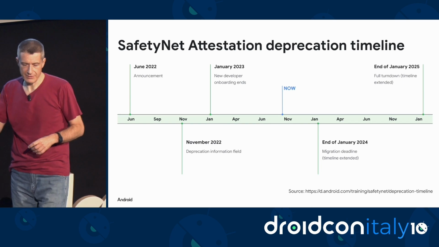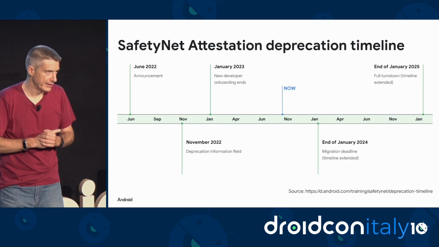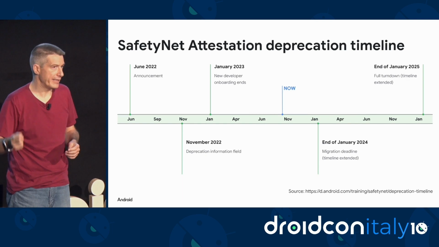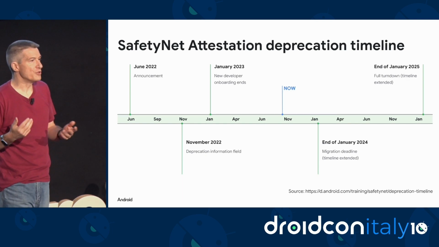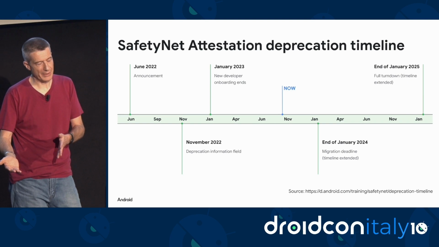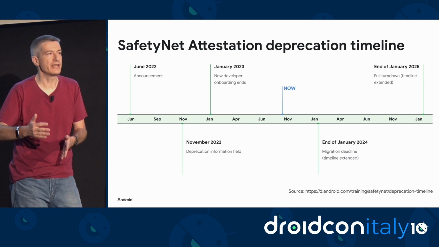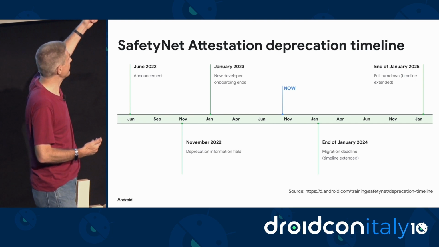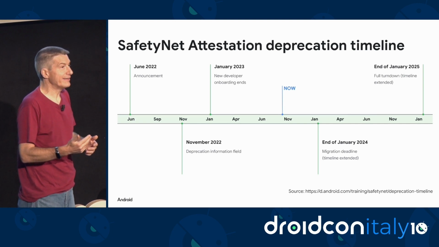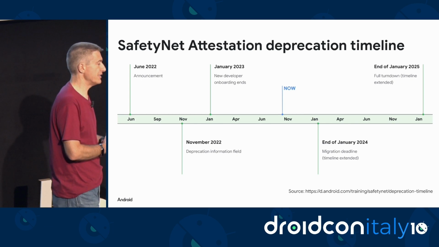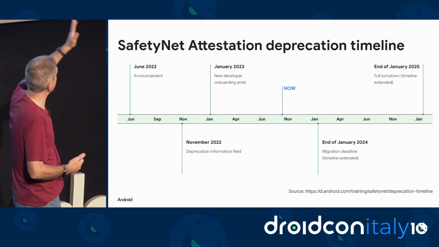What does this deadline mean? It means that you need to have integrated the Play Integrity API in your application. Obviously, if you release a new version of your application with the Play Integrity API, not all the users will get the latest version. So once you integrate the API, you get a waiver to keep using the SafetyNet attestation for another year.